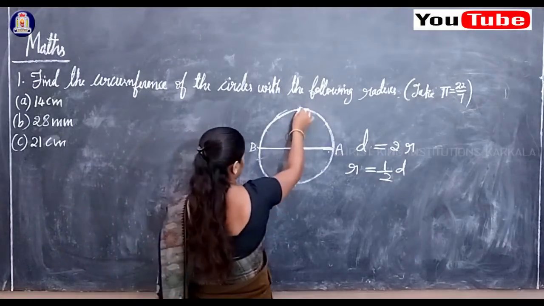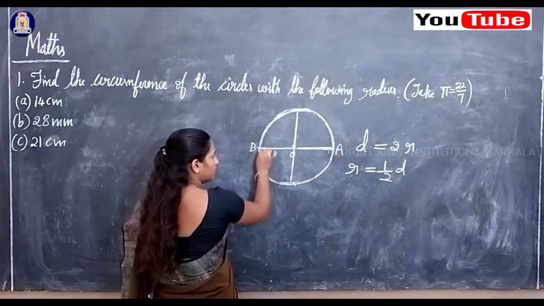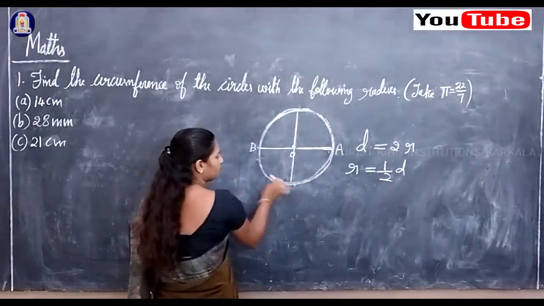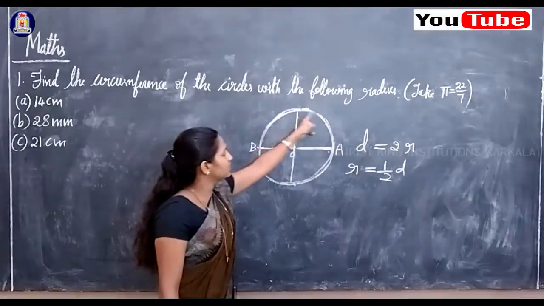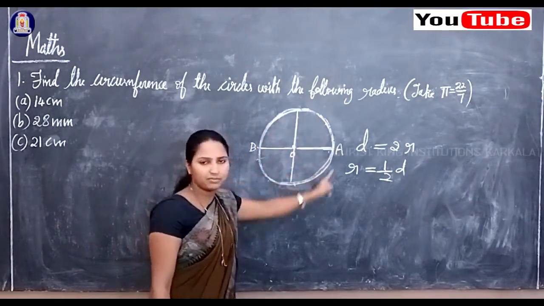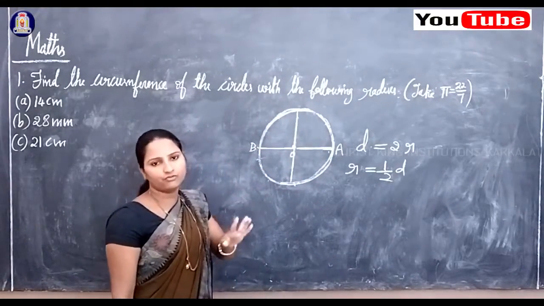Okay, diameter. So here, which is the circumference of circle? This is the boundary. This is called the circumference of the circle, or we can say the perimeter of the circle. Clear? This is perimeter, or circumference of circle, or length of the circle.